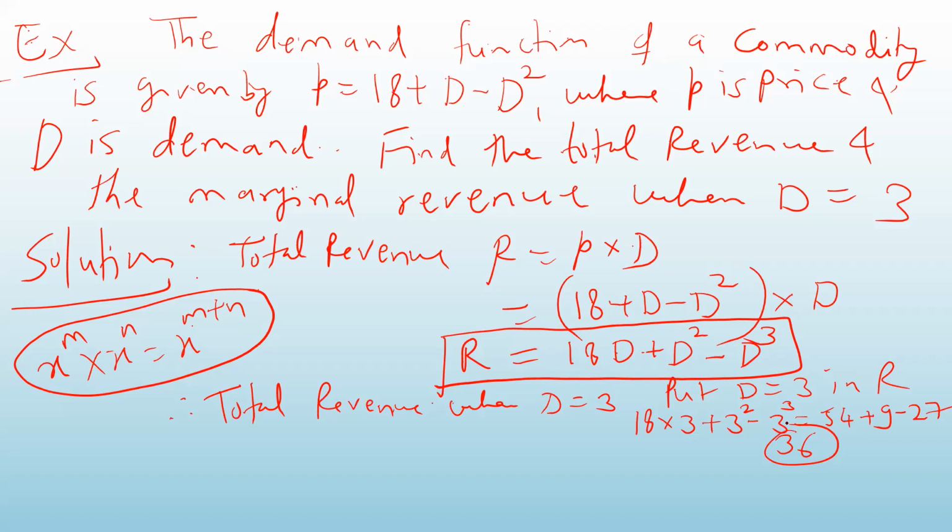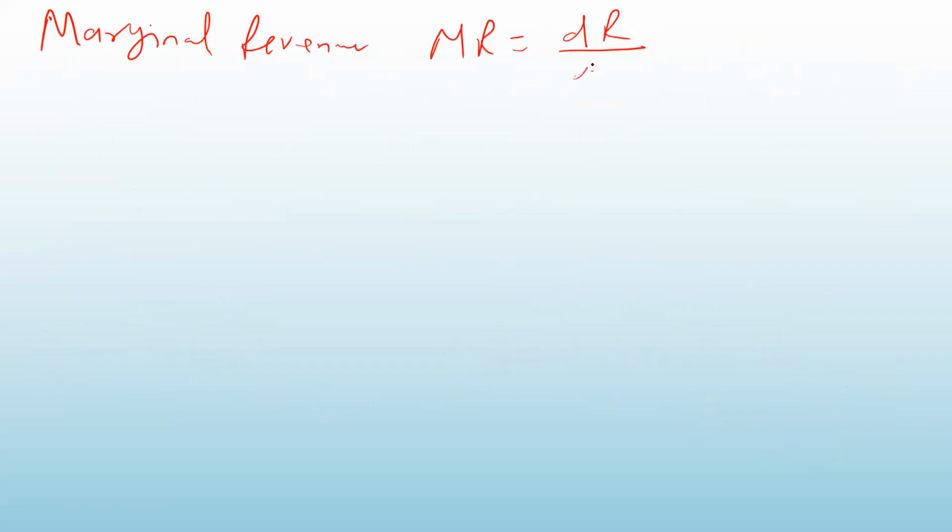Now we have to find out the marginal revenue. Let us find out the marginal revenue. So marginal revenue is nothing but the derivative of R with respect to D. That is, MR is the derivative of R with respect to D. So what is R?